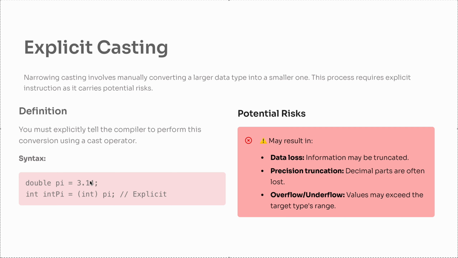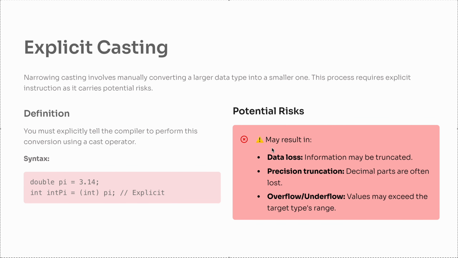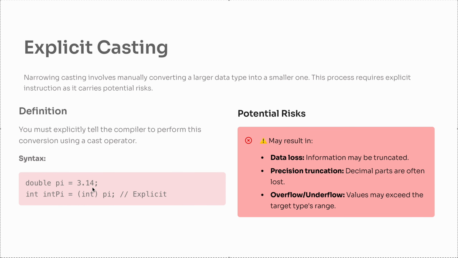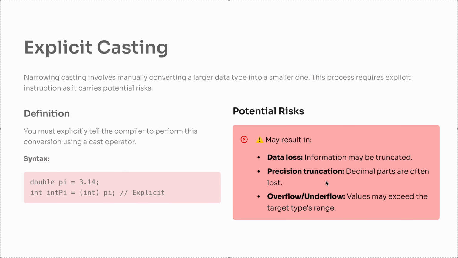Truncation means you are losing data, from 3.14 to just 3. The value it holds in int is only a whole number like 3, so data is lost. And precision truncation, decimal parts are often lost. For example, if you have 4 or 5 decimal digits, all of that will be lost. You may also overflow or underflow, which may exceed the target type range.